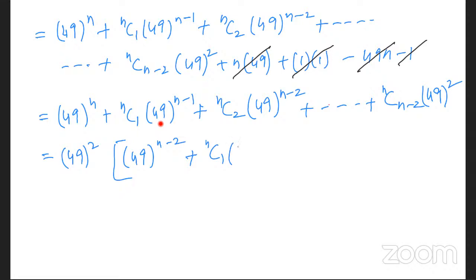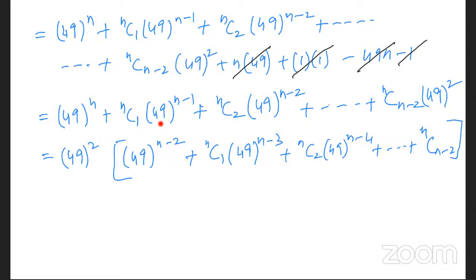This will become 49 whole to the power of n minus 3 plus nC2 49 whole to the power of n minus 4 plus so on plus nC(n minus 2).